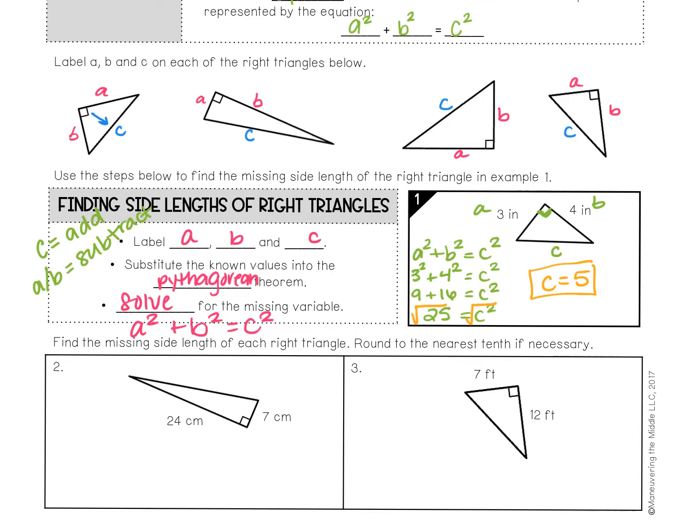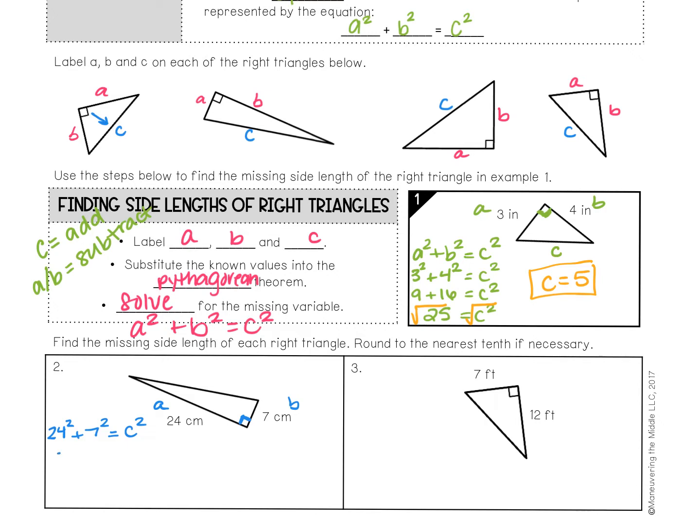Now I want you to try example 2 and 3 on your own. You can use a calculator to help you with this, and feel free to consult a neighbor if needed. Looking at example 2, again, the sides that I've been given come together to form that right angle, or they both touch the right angle. So I know that I've got A and B. So A squared plus B squared equals C squared.